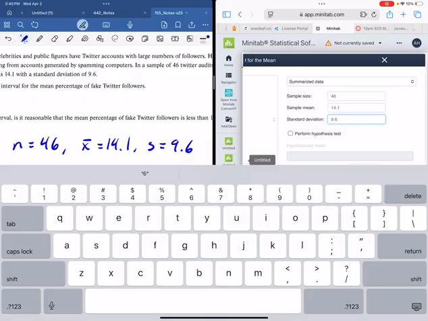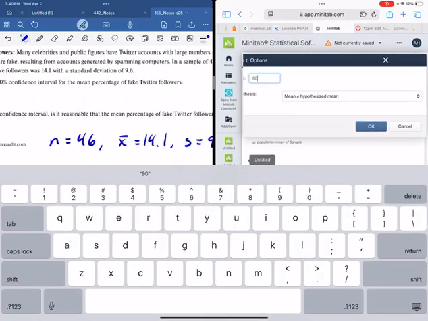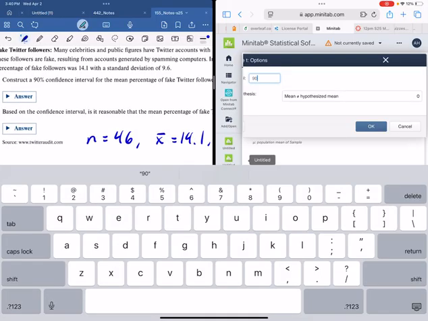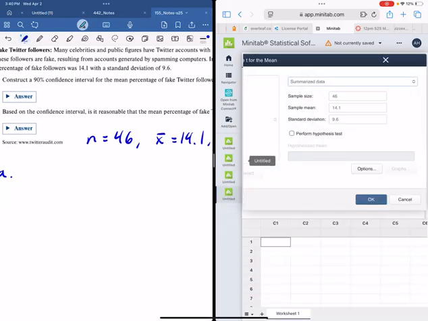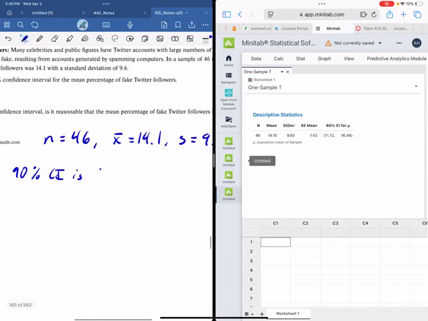Now for options, because they ask for a 90% confidence interval, change that to 90. Leave everything else the same, and we get our answer. Our 90% confidence interval is 11.72 to 16.48.